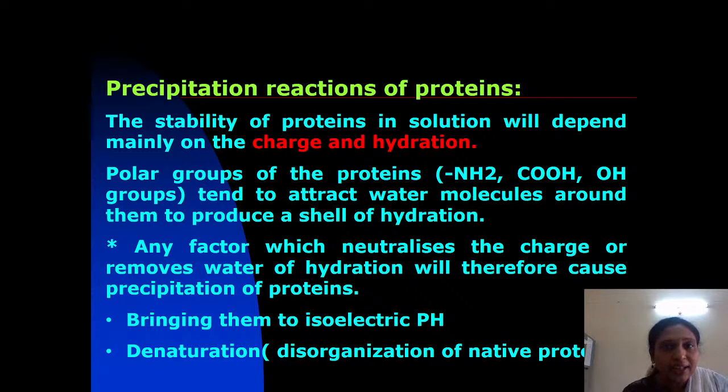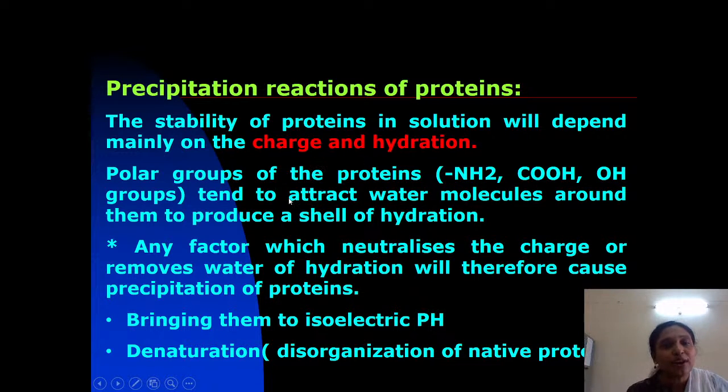See here, the stability of a protein in a solution depends upon two factors: the charge present on the surface, and the shell of hydration, or the degree of hydration. So what is the degree of hydration or shell of hydration?